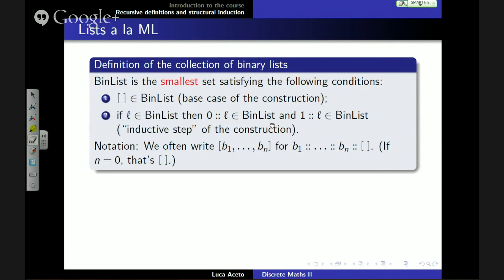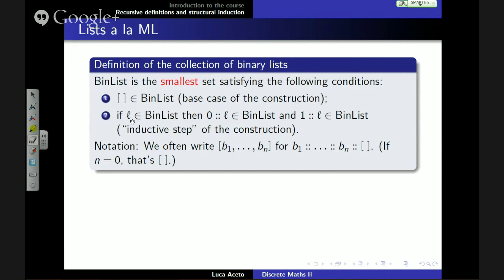The second step of the construction tells you how to build longer lists from lists that you've already built. So how do you do it? If Father Christmas brought you under the Christmas tree a few days ago a list L, how can you use that list L to construct a longer list? Well, since these are supposed to be lists of bits, you can take a bit, a 0 or a 1, and stick it at the front of the list L. That's exactly what this says.